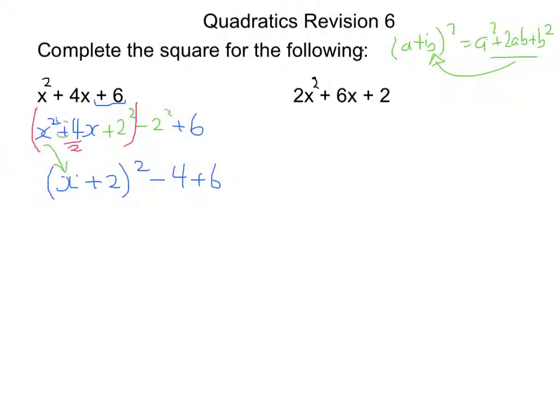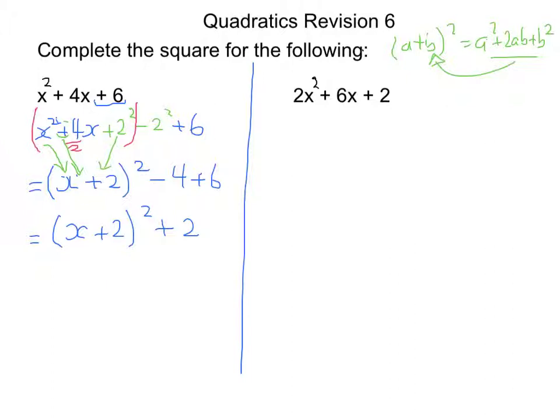We take that plus, if that was a takeaway, it would be a takeaway in the bracket, and the 2 comes down as well. Now to simplify this a bit further, we have x plus 2 squared, take away 4 plus 6 will be plus 2. And that's the answer to the first one of these questions. That's the square completed.